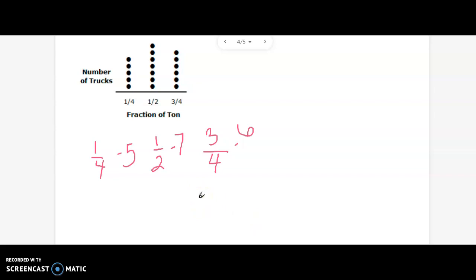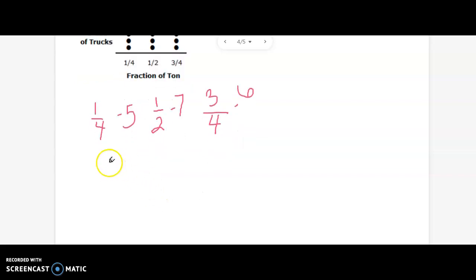We could simply add all those together. We could start and say, okay, 1/4 plus 1/4 plus 1/4 plus 1/4. Is that 5? Nope, 1, 2, 3, 4. There's 5 of them. Plus 1/4.